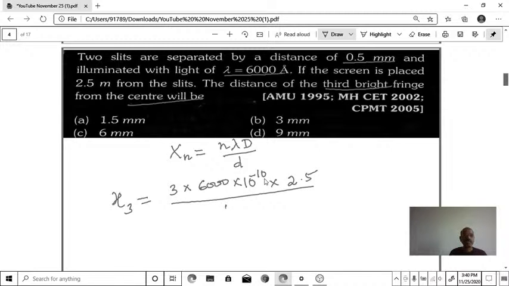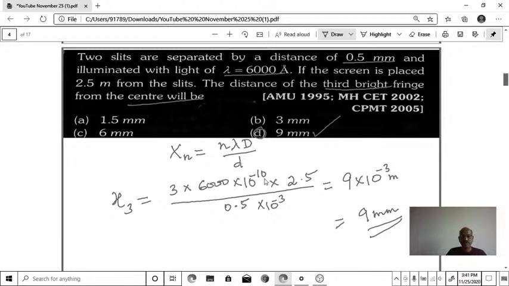Small d, 0.5 millimeter given, convert into meter, 10 power minus 3. Simplify, you will get 9 into 10 power minus 3 meter. Answer, you see that options are given in millimeter, so 9 millimeter. So the correct option is option D. So keep in mind this.